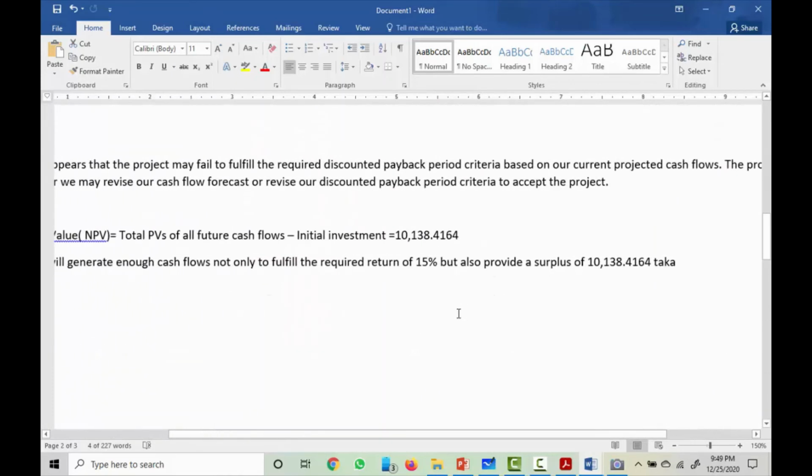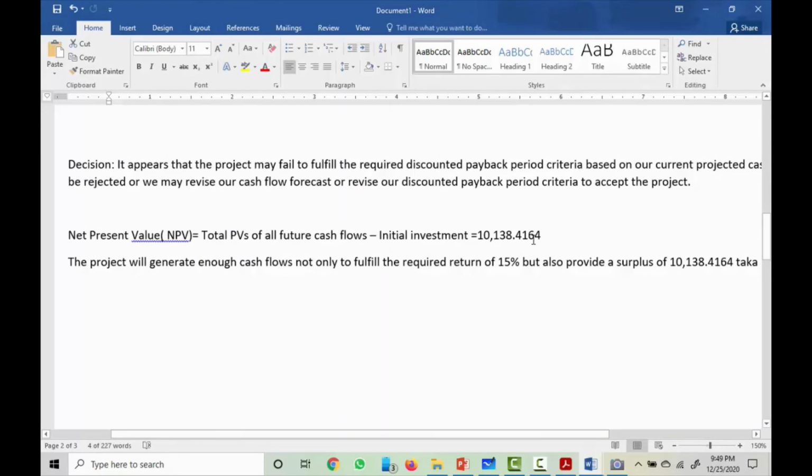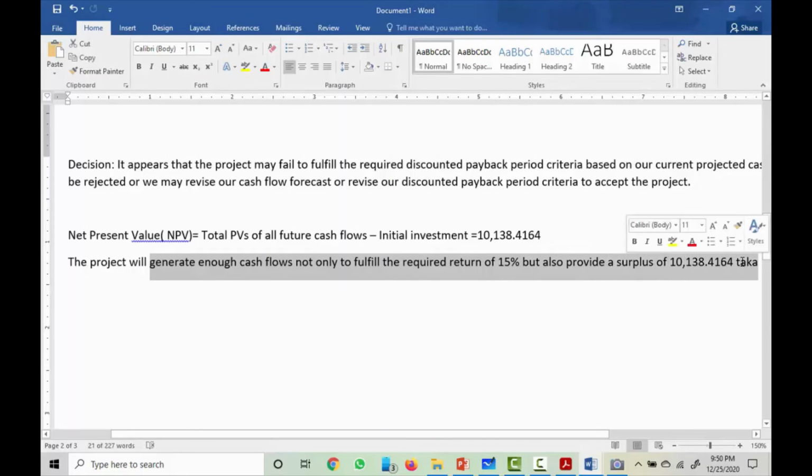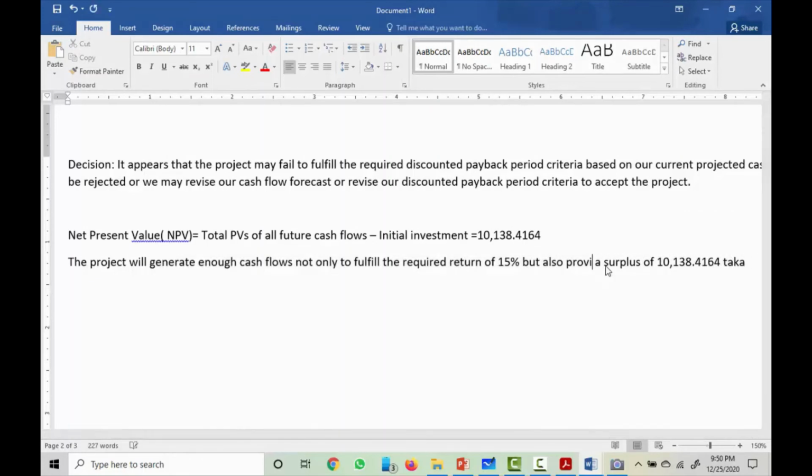So what we can see is that this one is positive, which means the project will give us not only 15% return, but also a surplus of 10,138 taka.